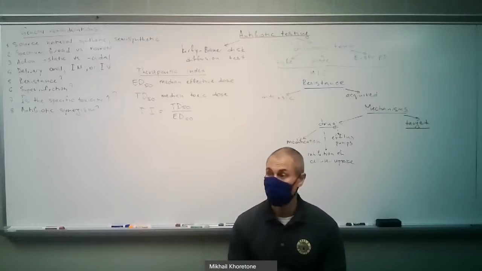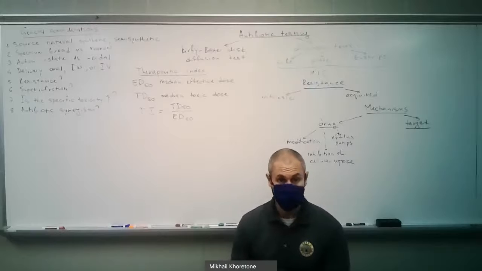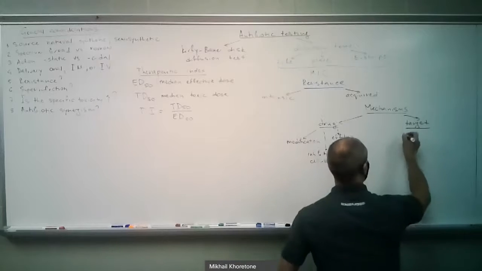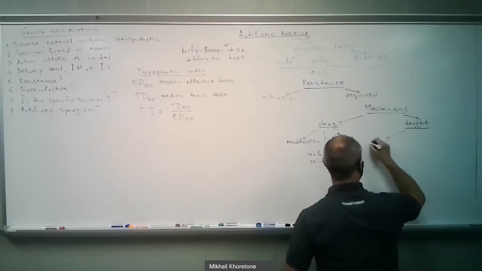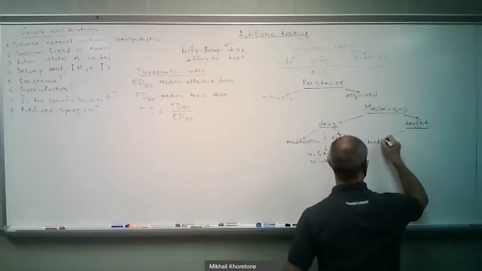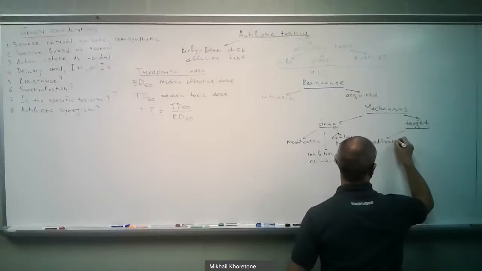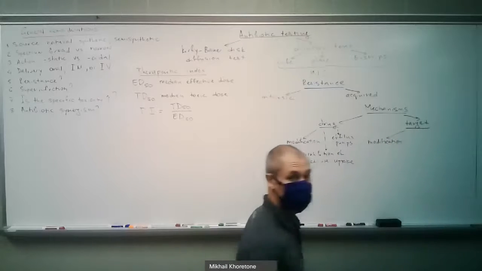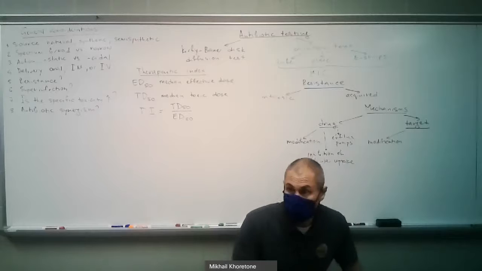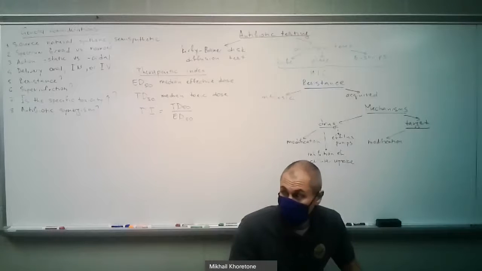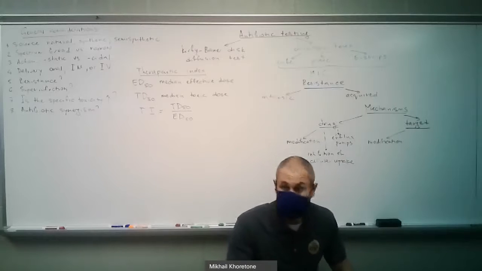RNA polymerase is a target. Am I clear? So what can you do with a target? You can modify it so the drug doesn't bind to the target anymore. Good?